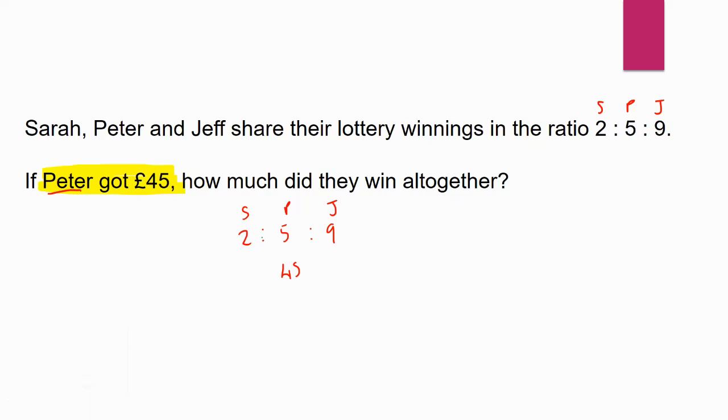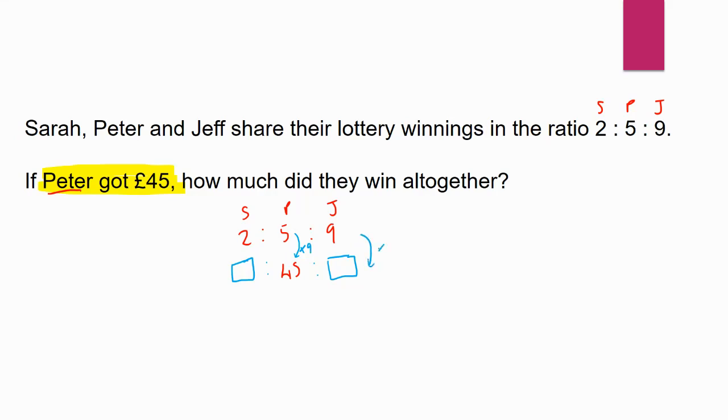This time, in order to complete this question, I need to find what the missing values are under Sarah and under Jeff. So what we need to do is look at the numbers for Peter and work out what do we multiply 5 by to get 45. In this case, we're multiplying by 9.